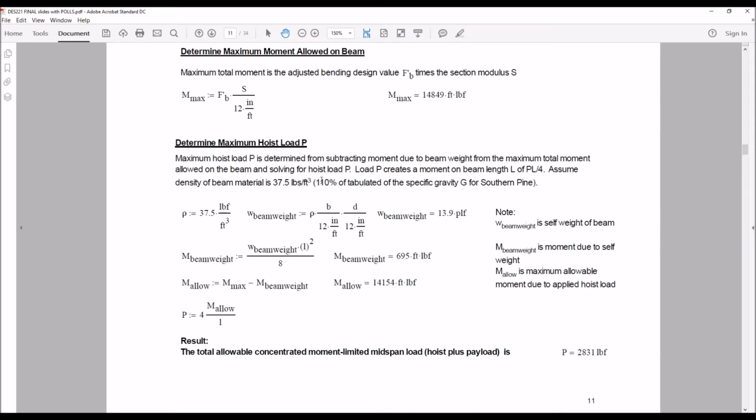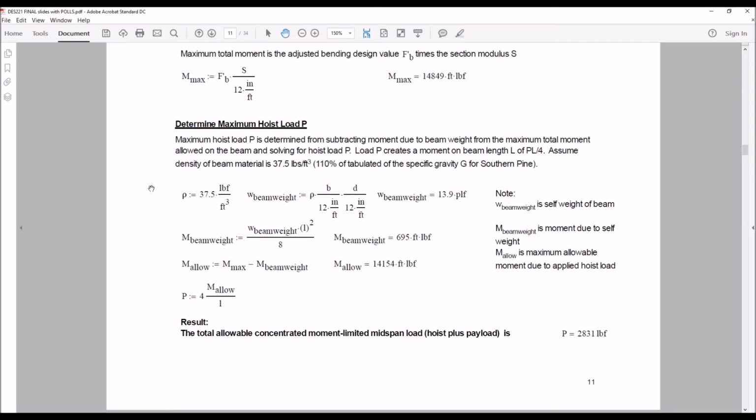This is a little bit high. It's a little bit conservative. This value is 110% of the tabulated value for the specific gravity of southern pine. So essentially that can account for any variation that could occur within different materials.